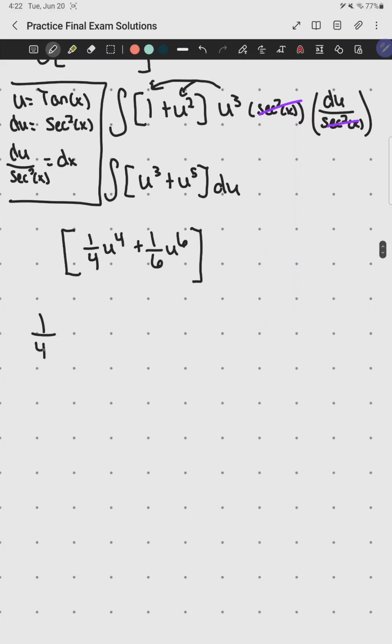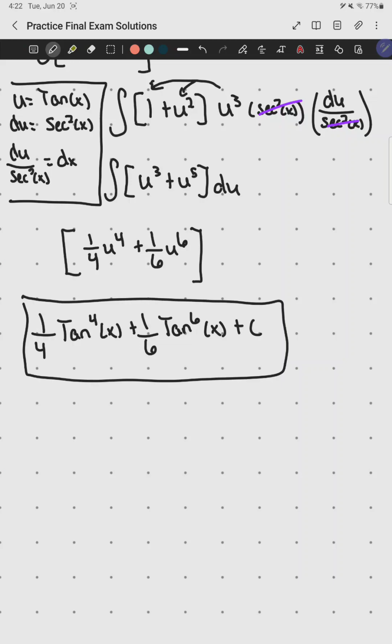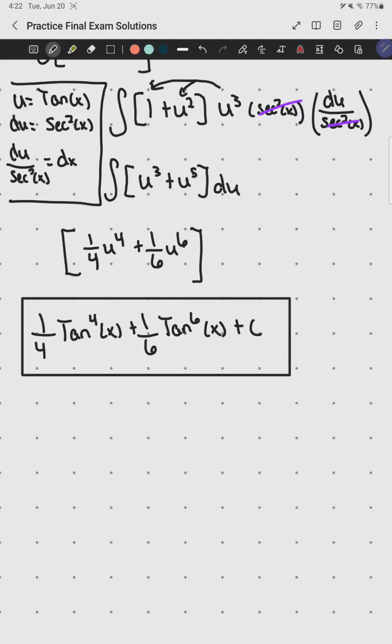And from here we're just plugging back in our tangent. And that'll be our answer. Do not forget your constant of integration.